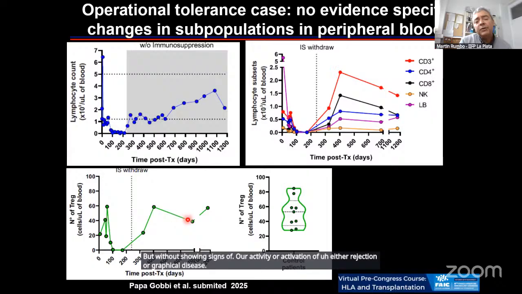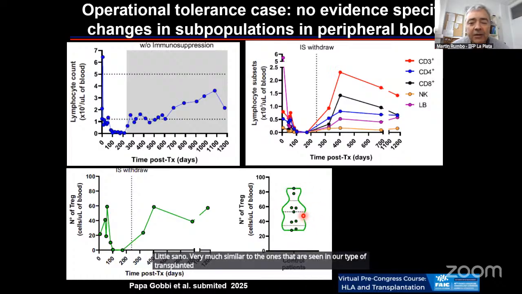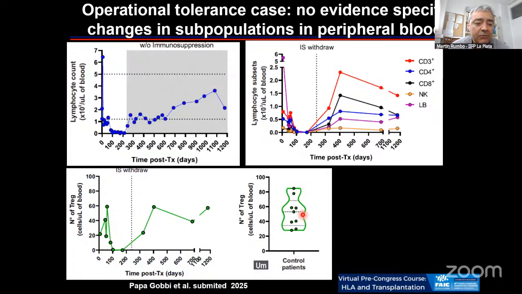This seems not to be related with the number of regulatory T cells in the periphery. She recovered the Treg population in the periphery, but these levels are not very similar to the ones seen in other types of transplanted patients, either in counts or in proportion.